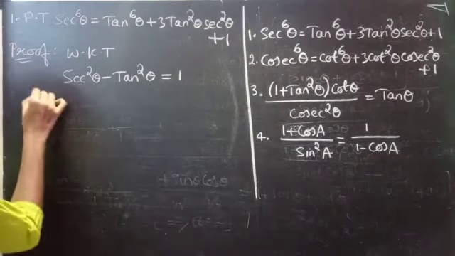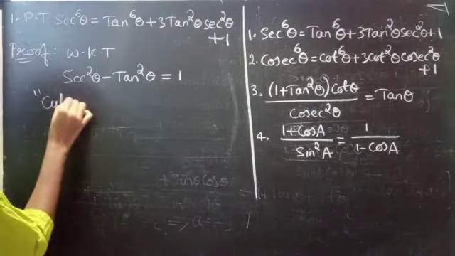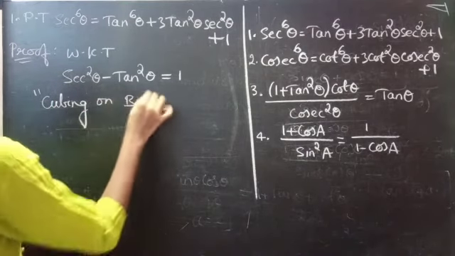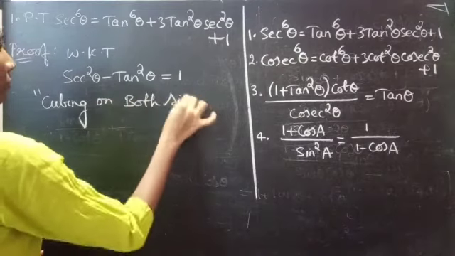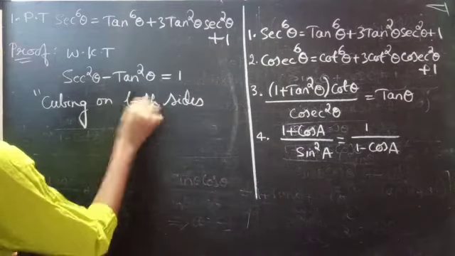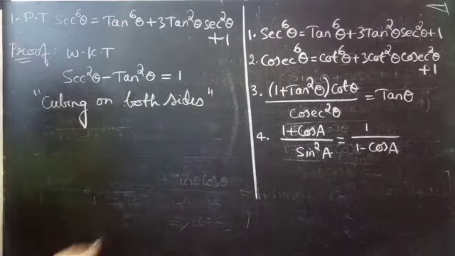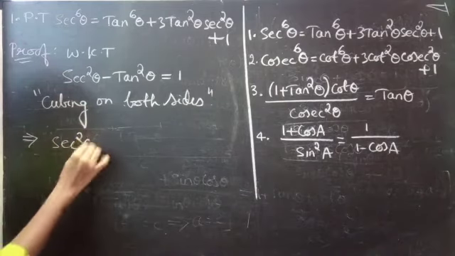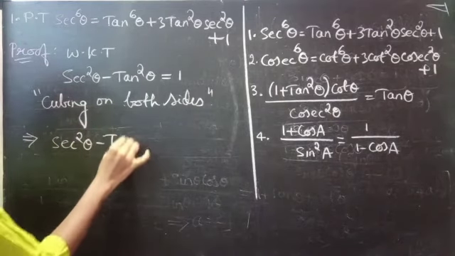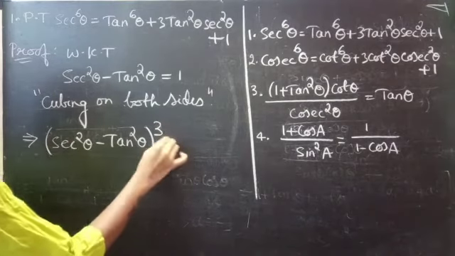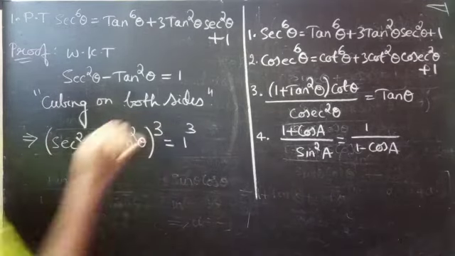So now, cubing on both sides, you'll get secant square theta minus tan square theta whole cube equals 1 cube.